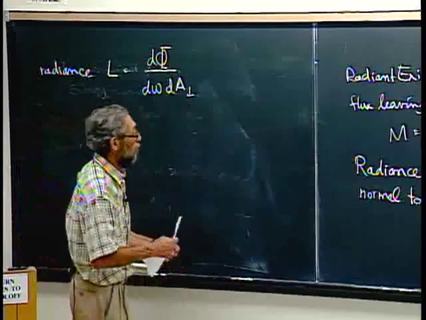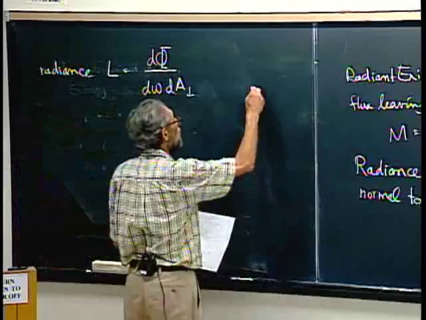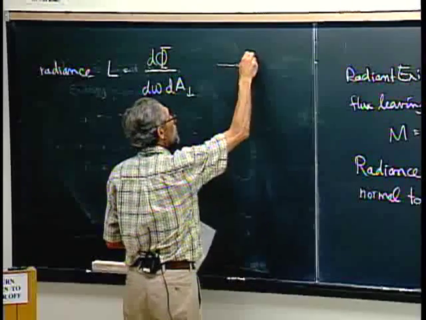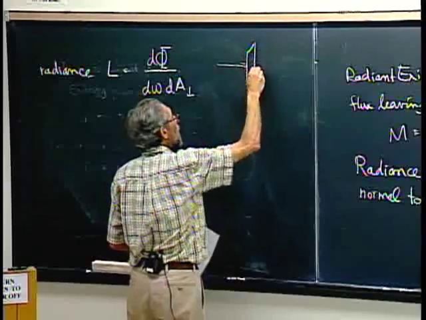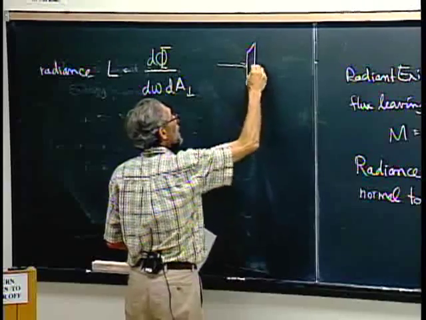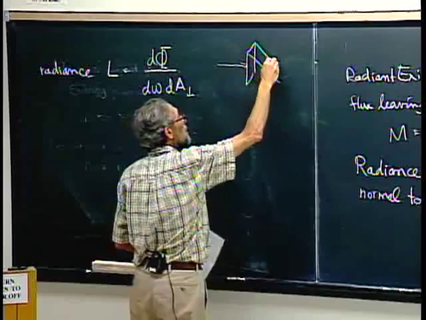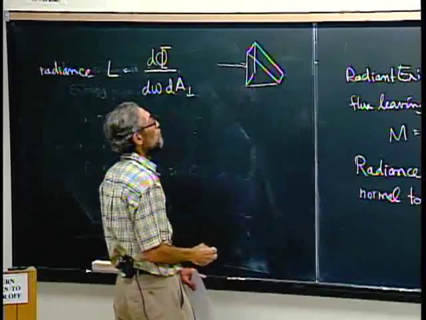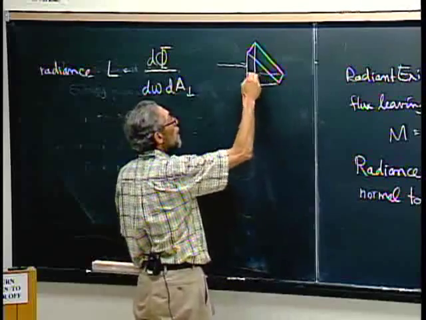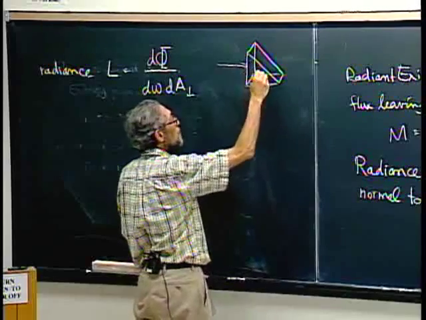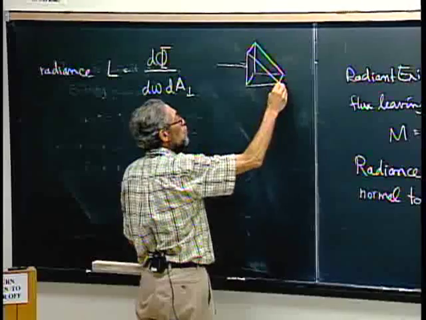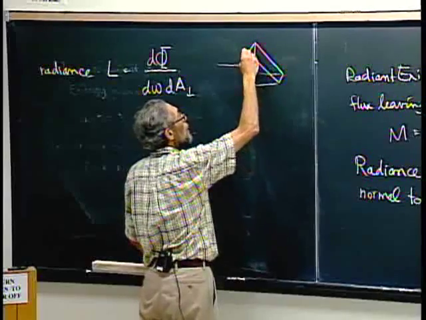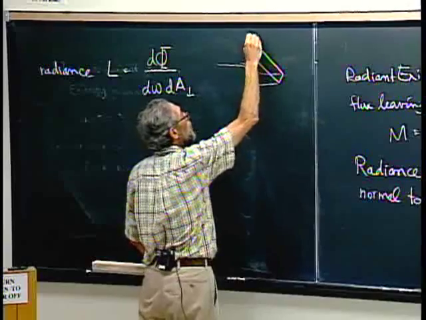And if I draw that picture I drew on the other board again, here is the beam going this way, and here is an area that isn't perpendicular to the beam. What I have to do is find out the equivalent area that is perpendicular to the beam. So again, I need the normal to that area, pointing out like that.